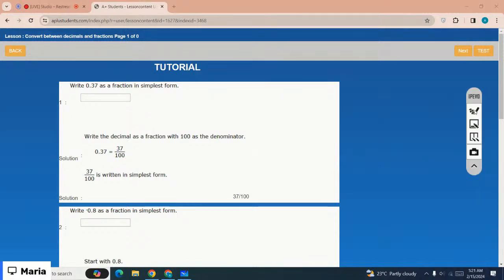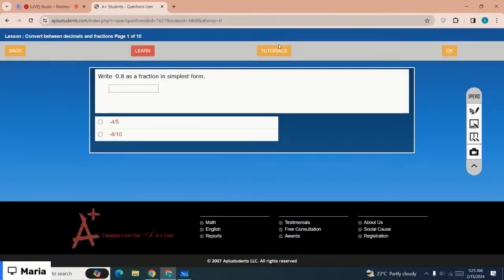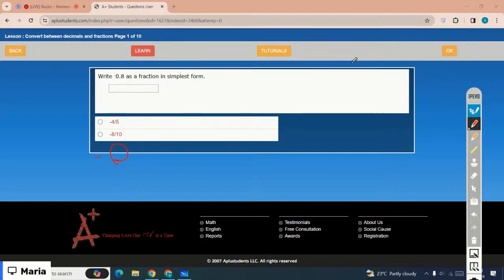They are very easy. Write negative 0.8 as a fraction in simplest form. How do we write? First thing is remove decimal and write 1 in the denominator, right? Then you have one digit after the decimal point, so add 0, that is negative 8 over 10.